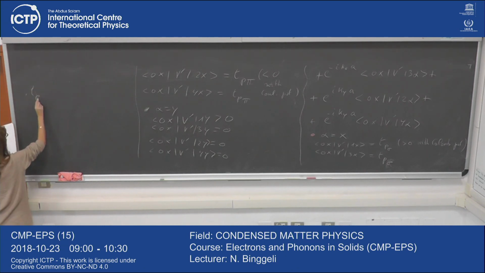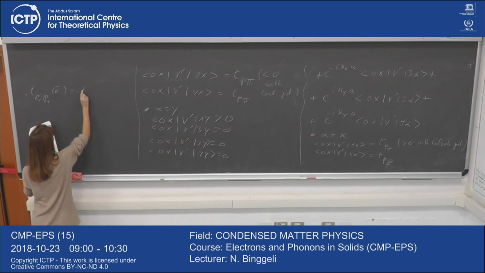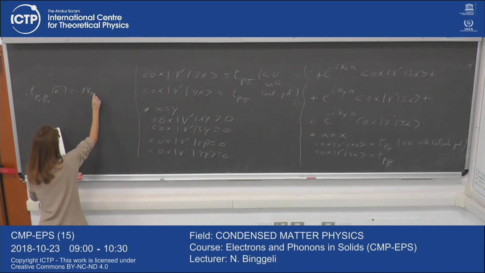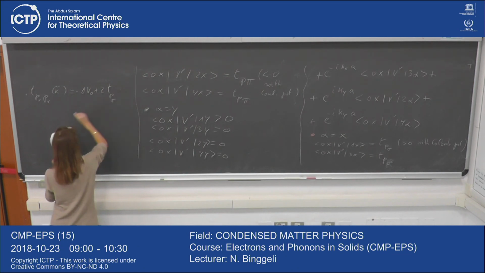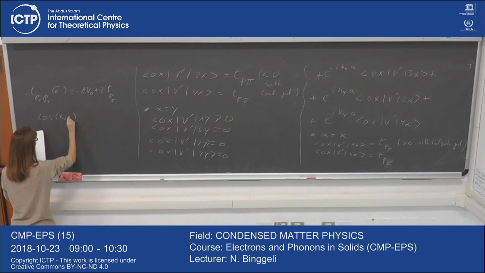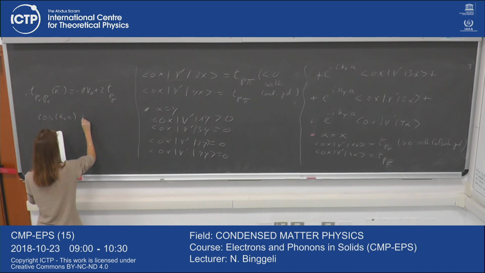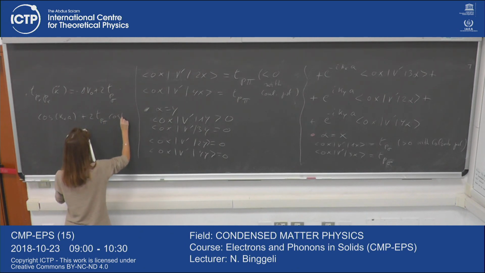In the end, what one gets for the matrix is that the px element is just minus delta V0 plus 2T p sigma times cosine of Kx a plus 2T p pi times the cosine of Ky a.